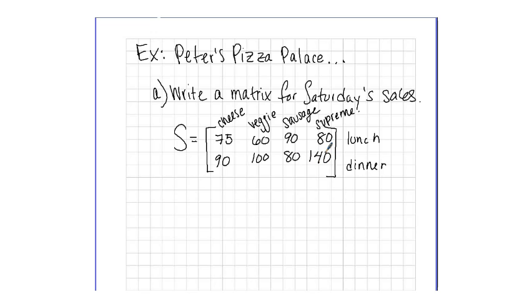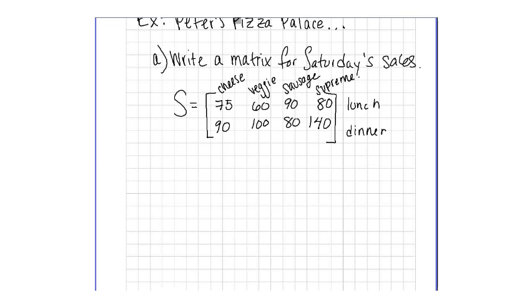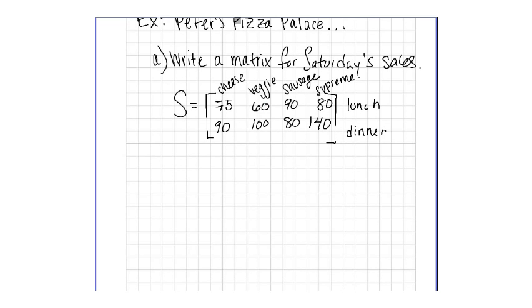Very popular dinner, apparently. So we can use matrices to organize numerical information. So now if I just go to an entry, say I pick 60, since that's in my lunch row, and it's under the veggie column, I know at lunch he sold 60 veggie pizzas. It's just a way of organizing data without having to deal with all of the labels for each individual unit.